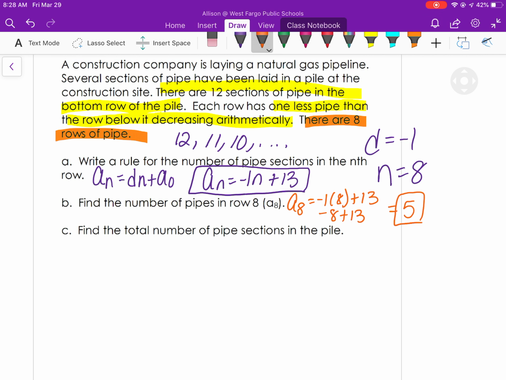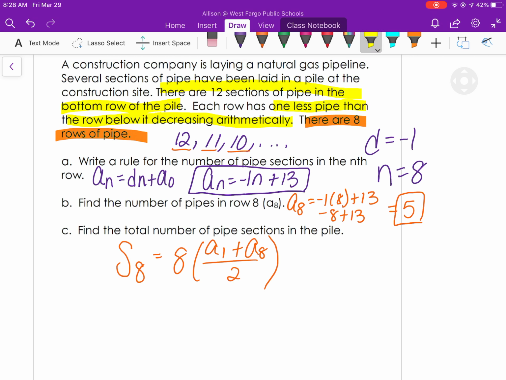Find the total number of pipes in the pile. So they want us to add up every row. And we can add up every row by finding the sum of the first 8 terms of this series, because there's 12 in the first row, 11 in the next row, 10, etc. So if we find the sum of those 8 terms, we essentially are finding the sum of all of the pipes in that pile. So we plug in 8 for n, and that'll be the first term plus the 8th term all over 2.